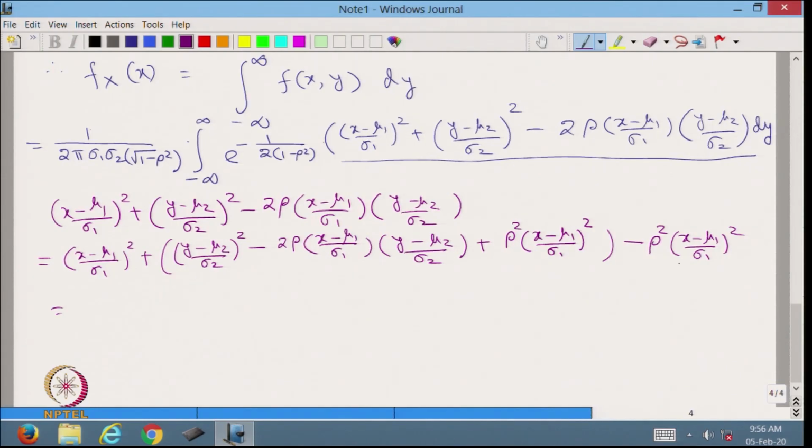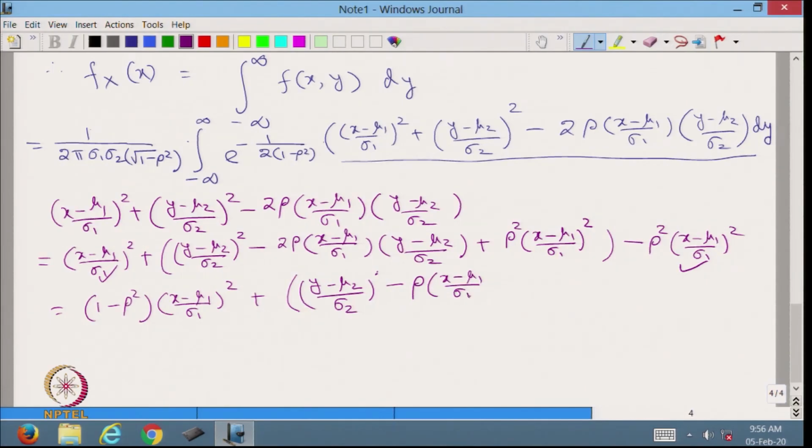This is equal to, now we can put these two terms together, 1 minus rho square into ((x minus mu 1) upon sigma 1) whole square plus, now we can write this term as ((y minus mu 2) upon sigma 2 minus rho ((x minus mu 1) upon sigma 1)) whole square.